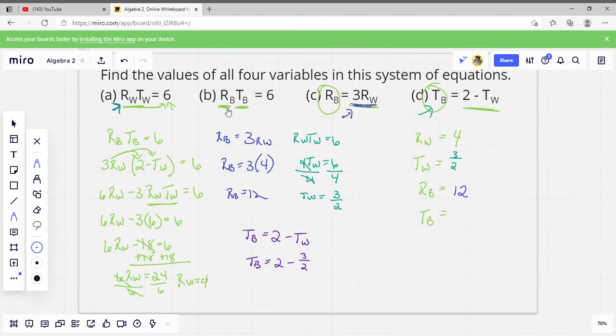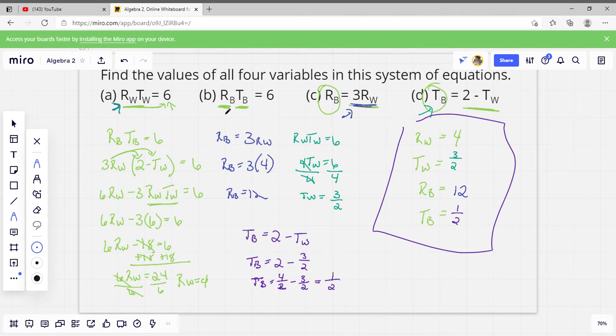Let's change this to a fraction here. TB equals 4 over 2 minus 3 over 2, which would be 1 over 2. So that would be 1/2. And then we found the value for all four of our variables. So your answer is going to look like that. You're going to have 4 values, not just one answer.